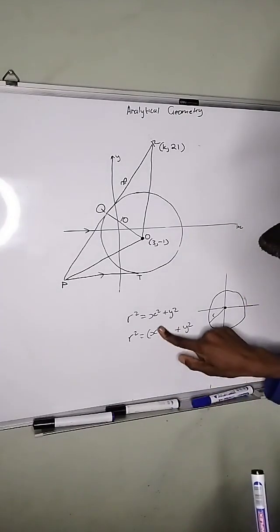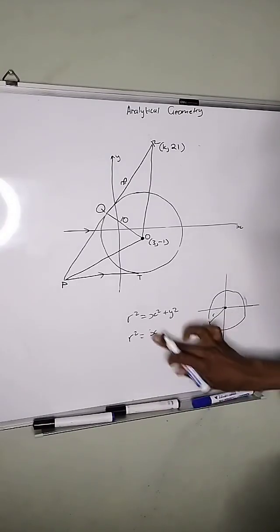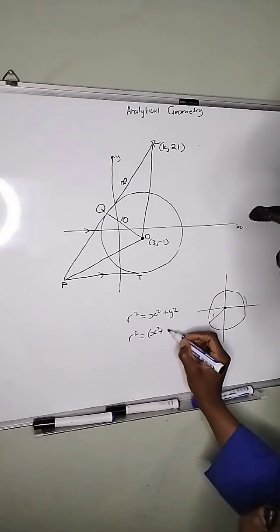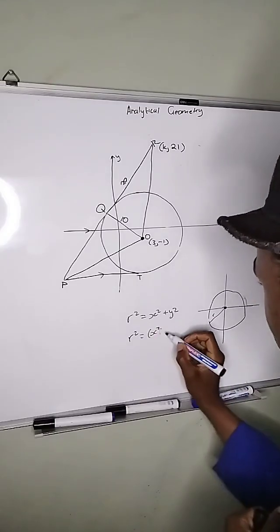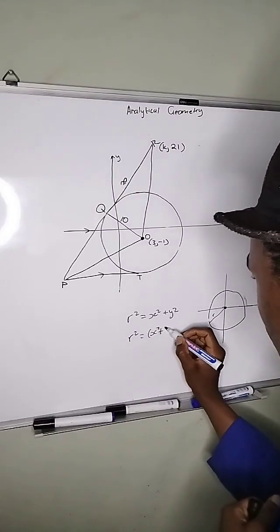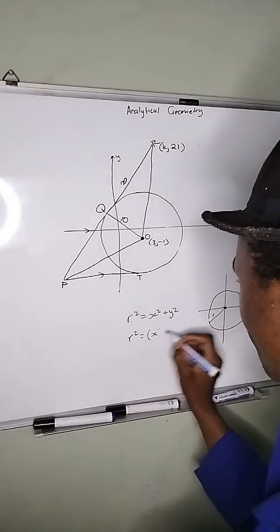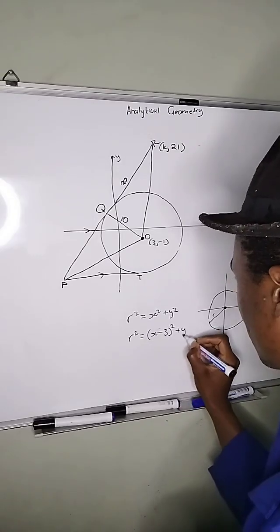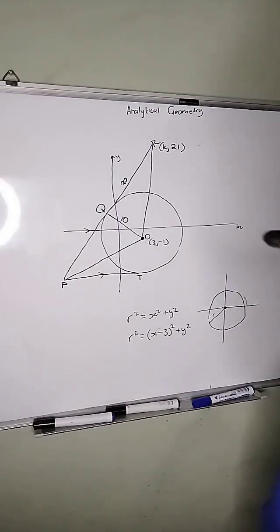Now, what about this one? A squared plus, okay, A squared plus 1. No. What about this one? What's the shift of this circle? How did the circle shift there?